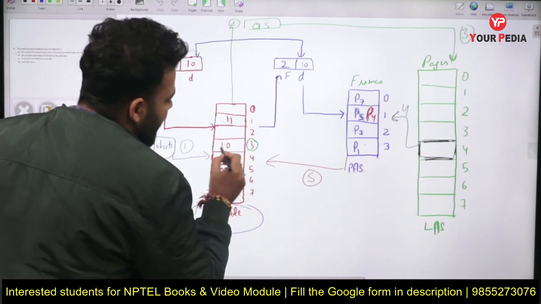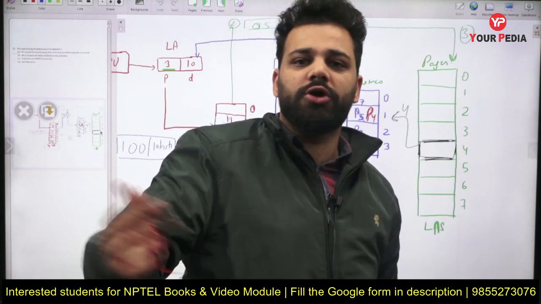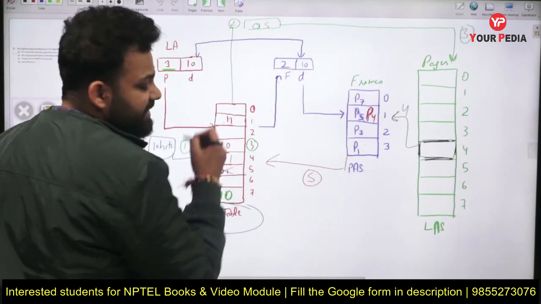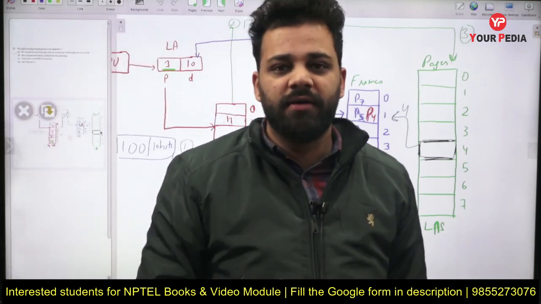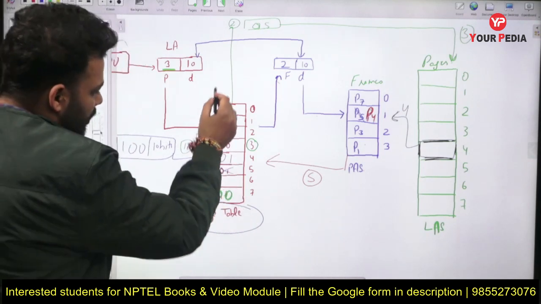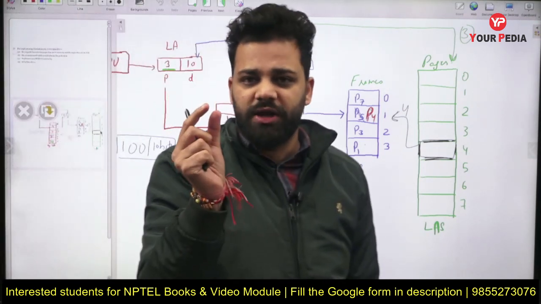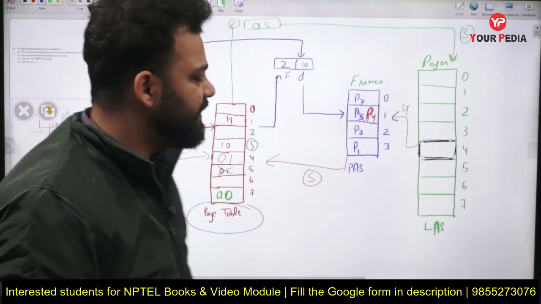Here I have just written 0 and 1, but actually there are a lot of bits in the entry, and even if the page is not present in the memory, there will be some information present in it. So you need a certain bit to represent whether that page is present in the memory or not.